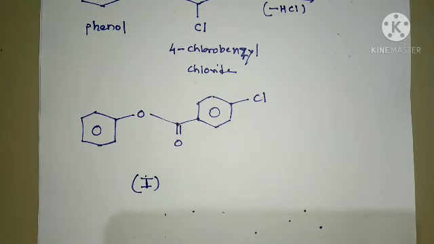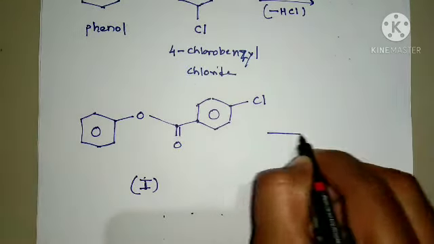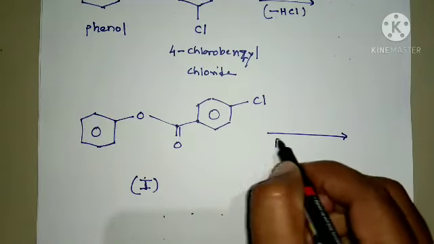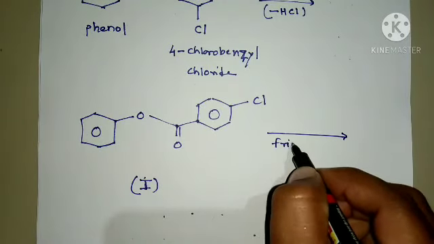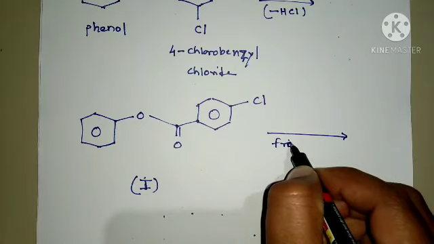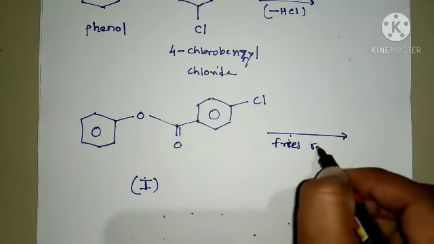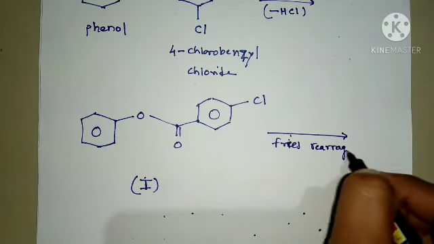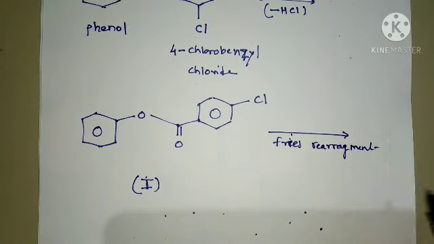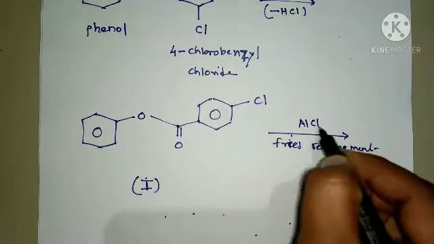Then the first intermediate undergoes Friedel-Crafts acylation, the Fries rearrangement. What is it? The Fries rearrangement takes place in the presence of aluminum trichloride.